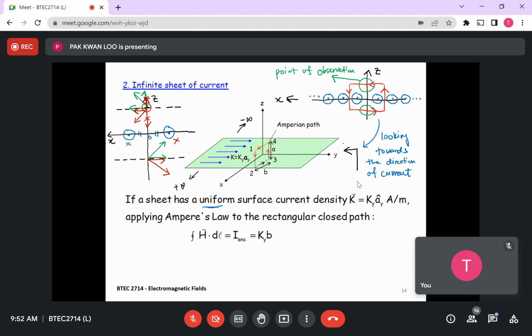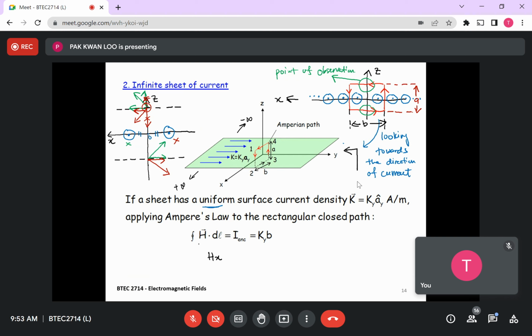The path lengths given are A and B. So this path length here is A, and the path length here is B. It means that I will multiply H of x.